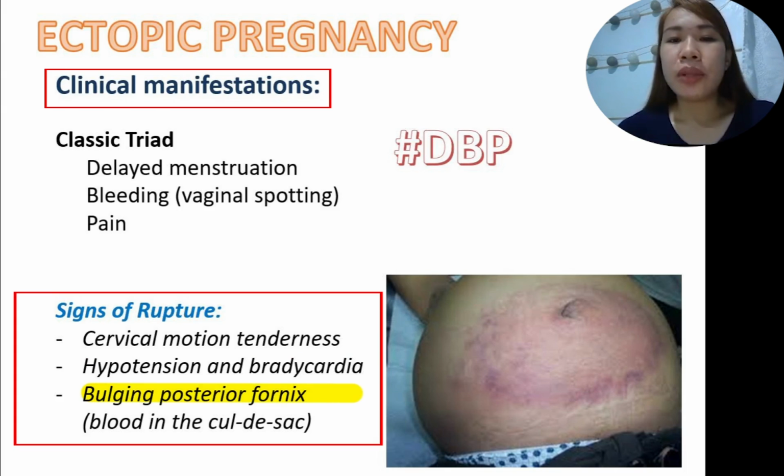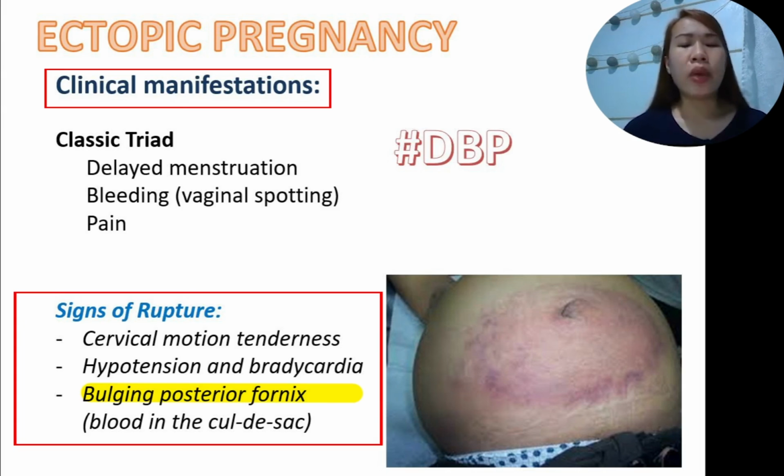Later, we'll be showing you culdocentesis, where you will be able to appreciate the bulging of the posterior fornix. The posterior fornix is located at the posterior portion of the uterus, specifically on the lowermost portion in the cervix. So those are the classic triad and the signs of rupture that you would have to know.